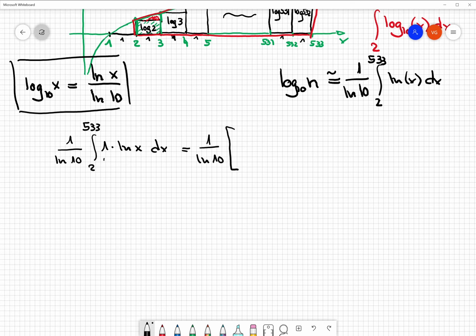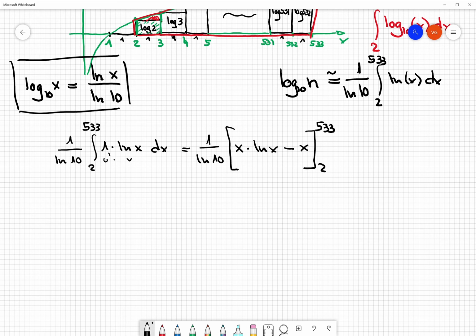Well, this is u dash and this is v. We get x times ln x minus the integral of u times v dash. So x times the derivative of ln x, which is 1 over x, dx. Now this is 1. So the whole integral is just x. Let me replace this. This is x. And we need to evaluate this from 2 to 533.